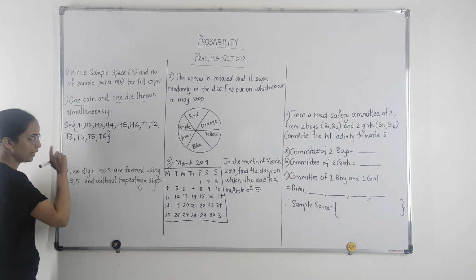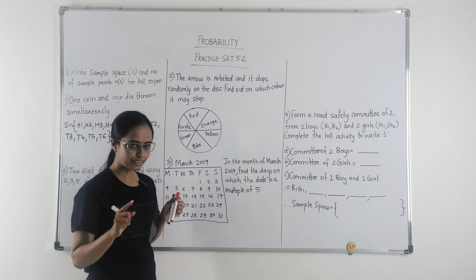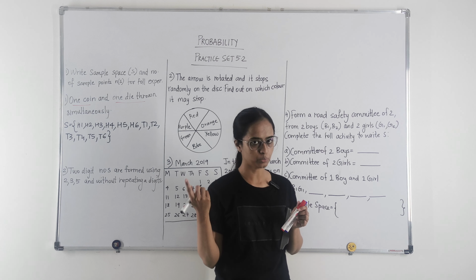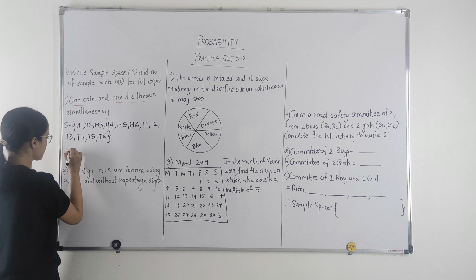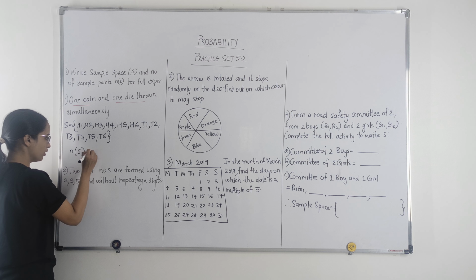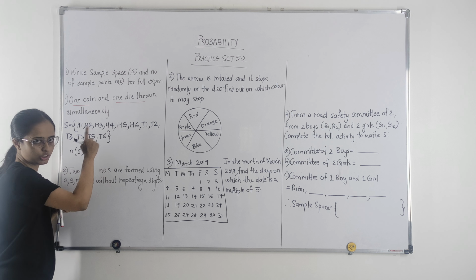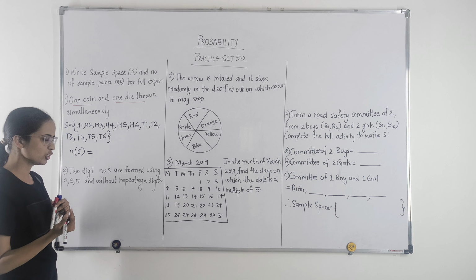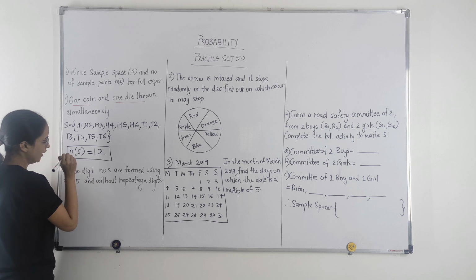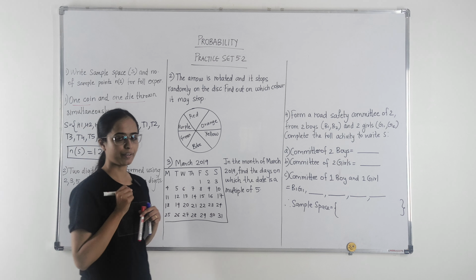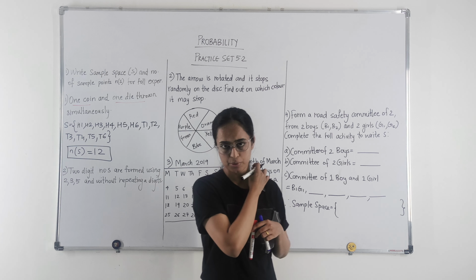Here all the possible outcomes are written in curly brackets separated by commas, which is your usual notation for the sample space. Depending upon the sample space, the number of sample points in this sample space is 12. So n of S in this case is 12. So for this random experiment, there are 12 possible outcomes.